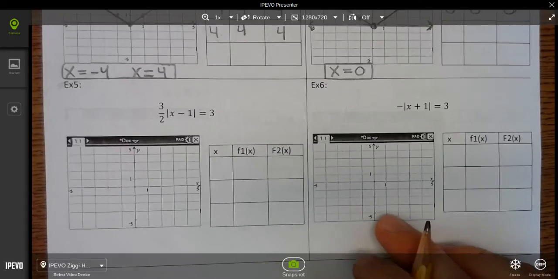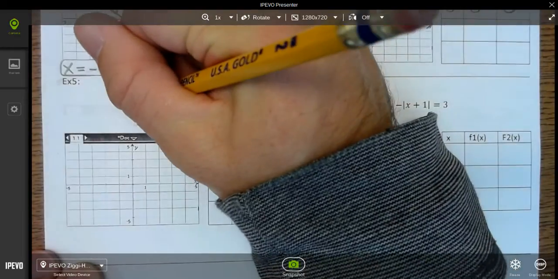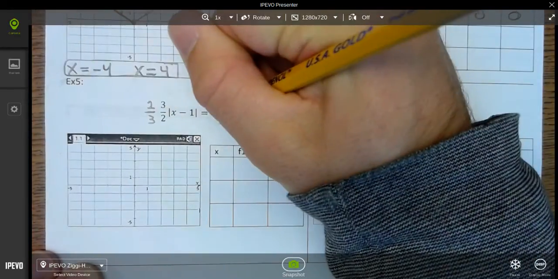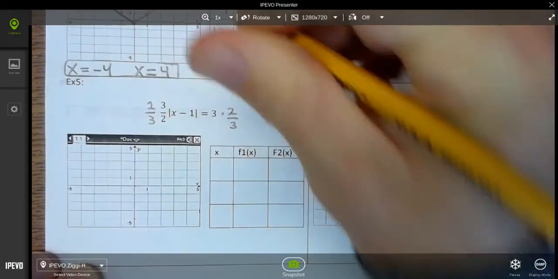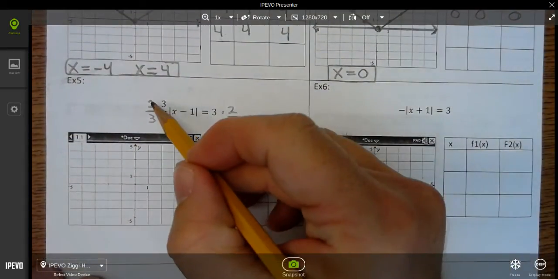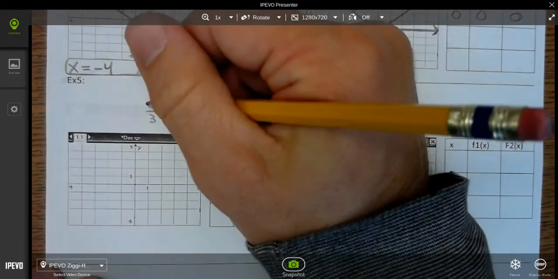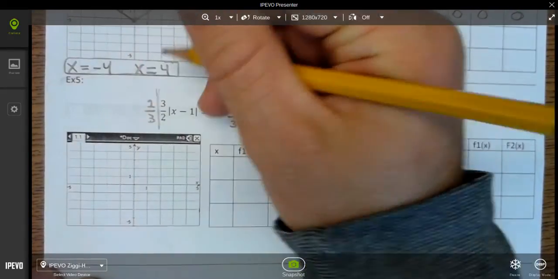All right, so in example 5, to isolate the variable, we need to multiply both sides by 2/3. Now we know that 2 times 3 is 6 and 3 times 3 is 6, so these become 1.